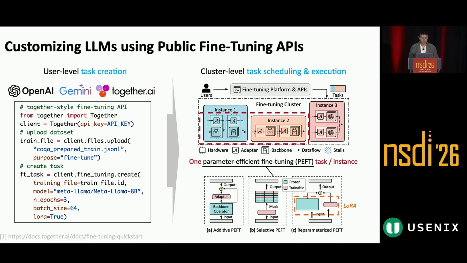Here we summarize all PEFT algorithms into three categories: additive, selective, and reparameterized, which all share the standard workflow as mentioned. For example, LoRA, which stands for low-rank adaptation, maintains adapters in parallel to track the weight updates of the backbone operator during fine-tuning.